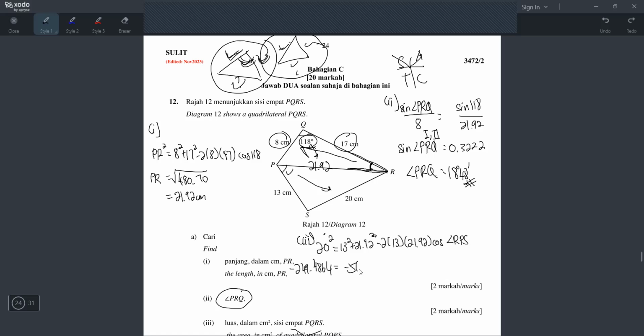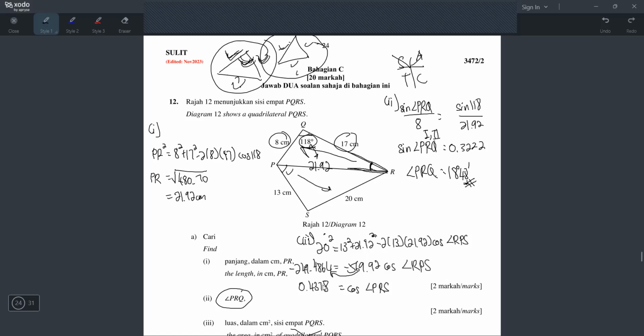Okay. So just press calculator and then cos RPS, right? Now you can find your cos RPS, but this one you have to move it there, become divide. Negative divide negative is positive, and then 249.4864 divide 569.92 is 0.4378.